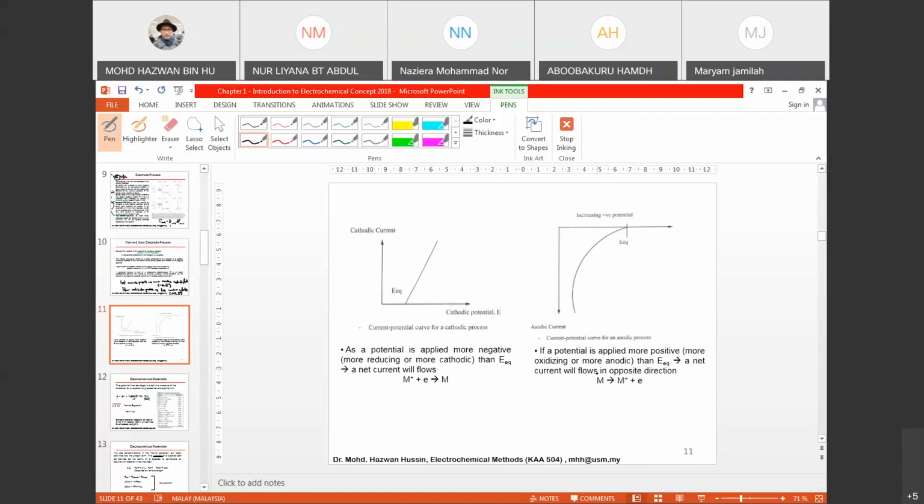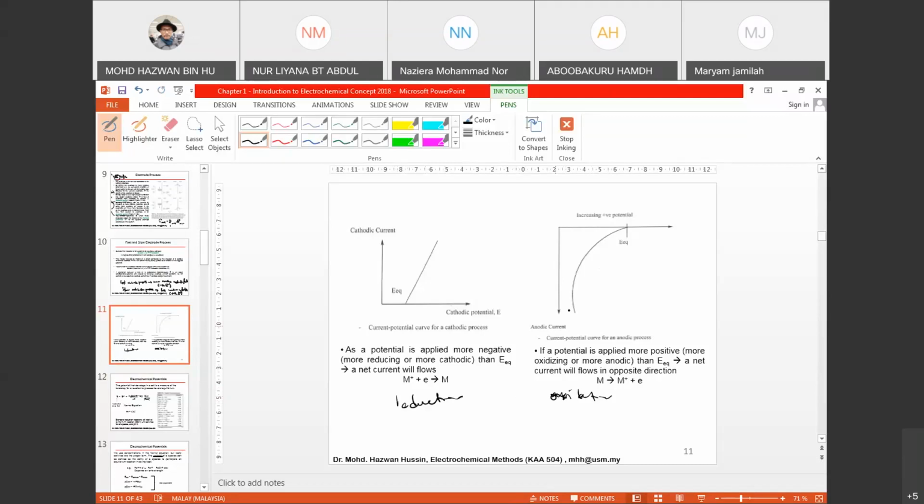Meanwhile, if a potential is applied more positive, more anodic than the equilibrium potential, a net current flows in the opposite direction. So this one experiences oxidation, and this one experiences reduction.